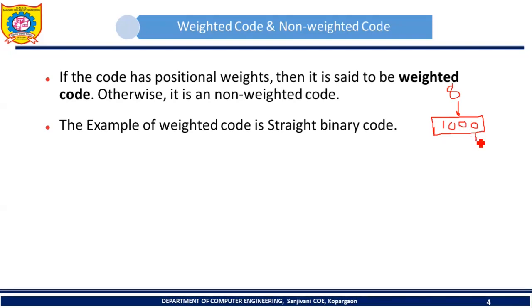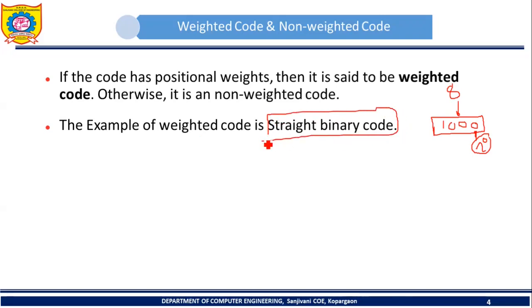For example, the weight of the least significant bit will be 2 raised to 0. Why 2 raised to 0? Because this is binary code, and in the binary number system we know that the base is 2. So the weight of this first bit will be 2 raised to 0, that is 1. Then the weight of the next bit will be 2 raised to 1. If such weights are assigned to each position in the code, then that code is called weighted code.